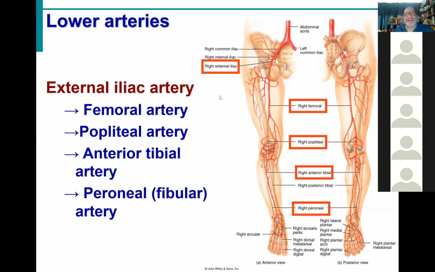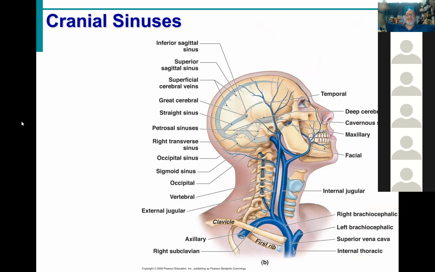All right, let's go ahead and get started. All right, so we have gotten blood to all parts of our body. Let's focus on getting the blood back. Now, the good news is there is a fair amount of symmetry between the arteries and the veins. However, there are also some areas where it is very, very different.